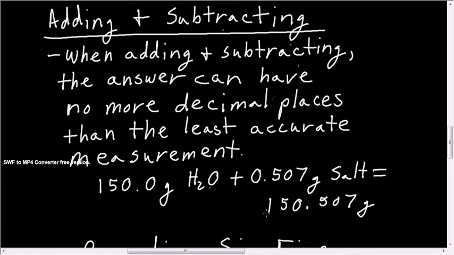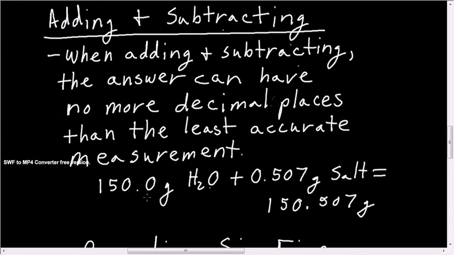and in my calculator the number is 150.507 grams, but this has way too many sig figs. So let's see how many we can have. I can have no more decimal places than the least accurate measurement.